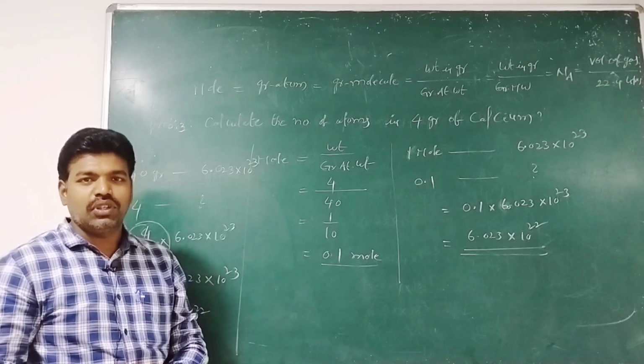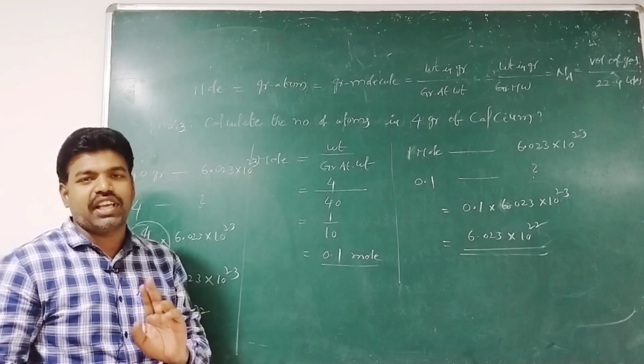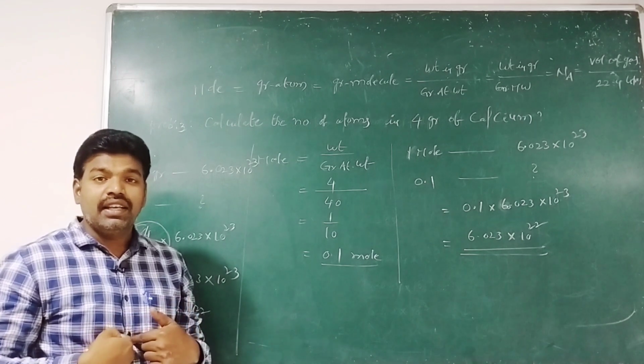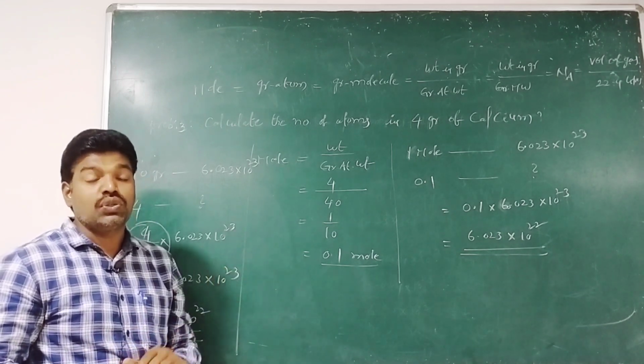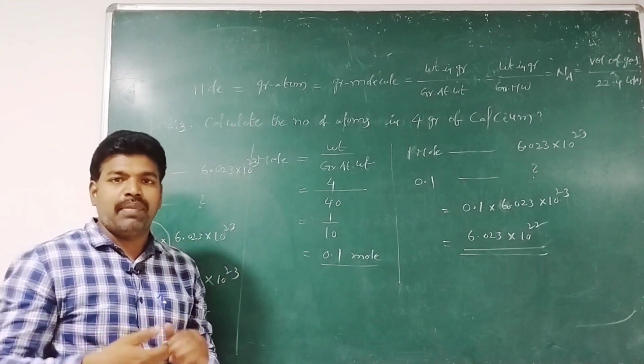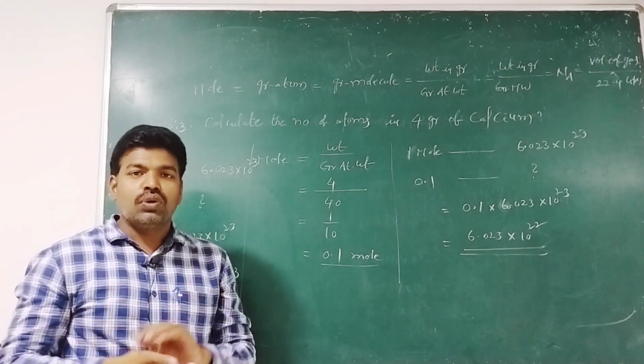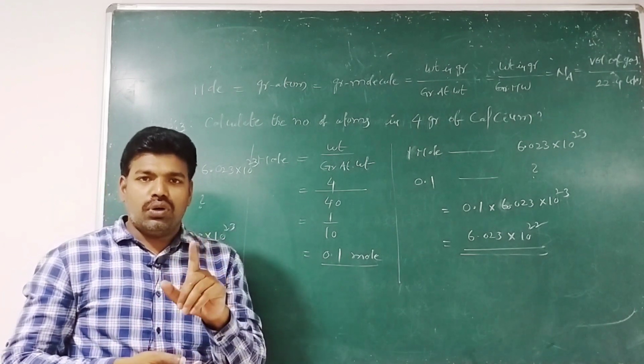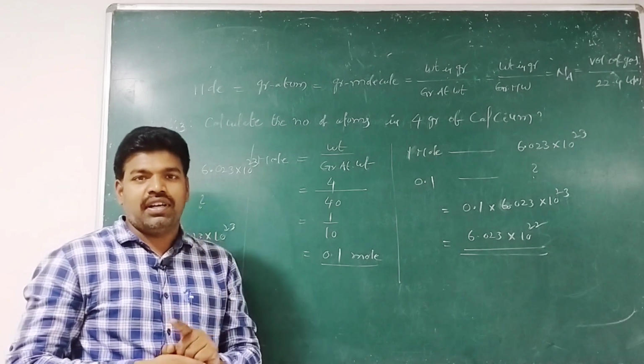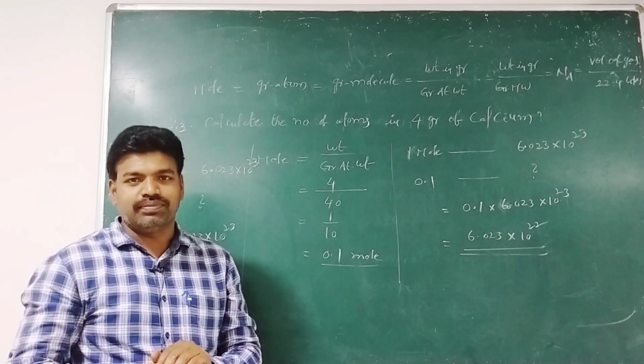So in these two ways we can solve this problem. Why am I giving these two ways? My intention is for you to know this way of solving the problem.